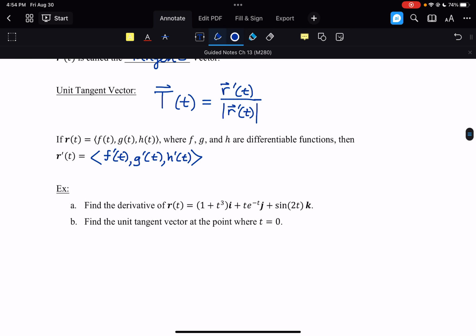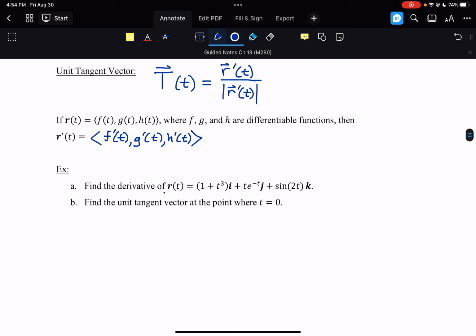For example, find the derivative of this vector function. This is in our standard basis vector form, ijk form. So we can go component by component, taking derivatives with respect to t. t is our variable. Up here, we get 3t squared i.